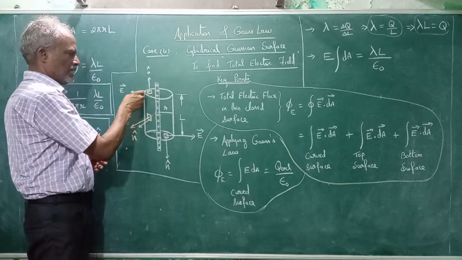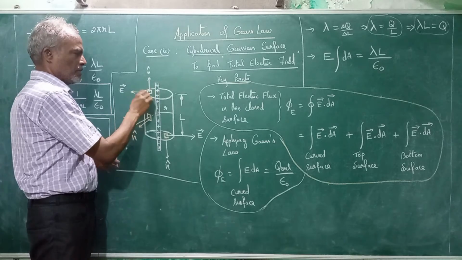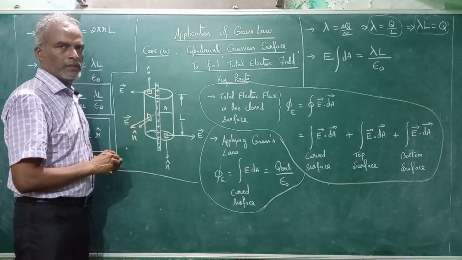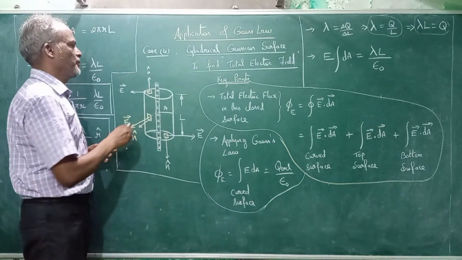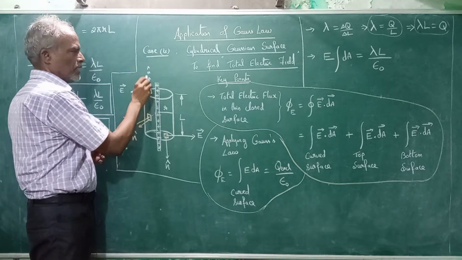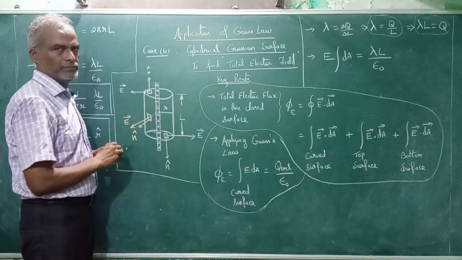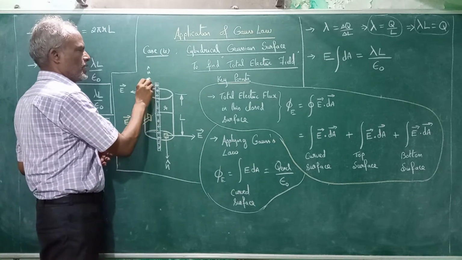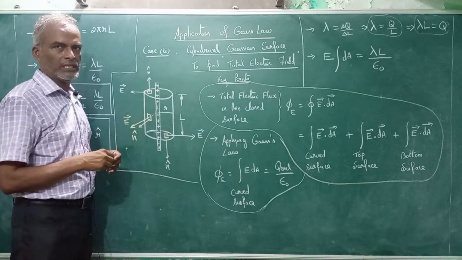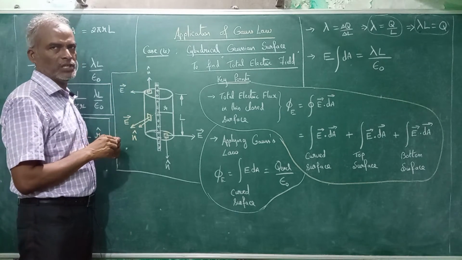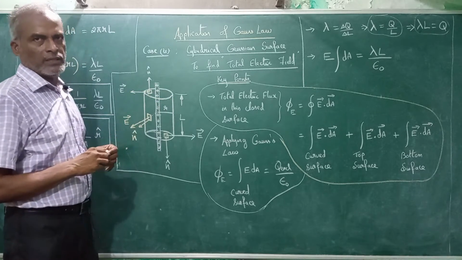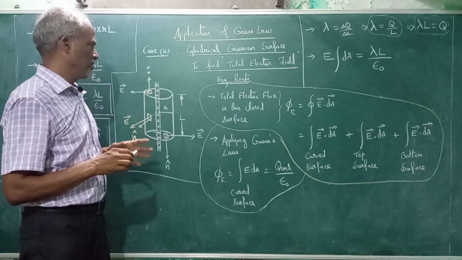So this is electric field, and I am considering a small area on top of the cylindrical surface. Okay, for the area vector, the n cap will be normal to it. So this is n cap. So the angle between E vector and n cap is 90 degree. Cos 90 is 0. Therefore, on the top surface, the electric flux is 0.